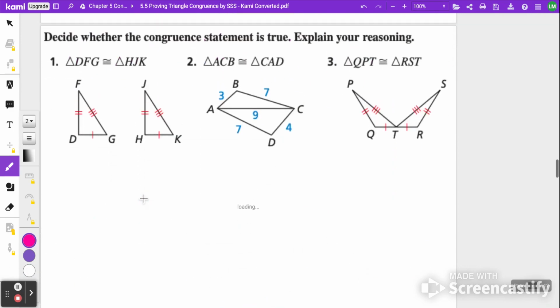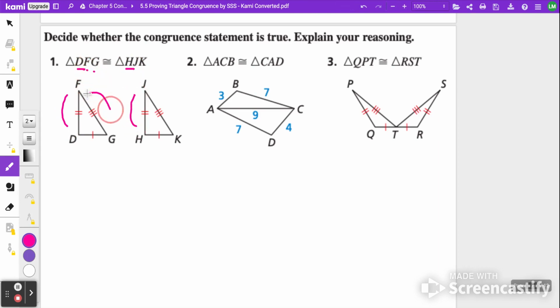The next ones involve deciding whether the congruence statement is true and then explaining your reasoning. All of these are marked, and we just want to make sure how the congruence statement is set up. It says DFG is congruent to HJK. Right now it looks like they are in the same order, but however the order is written, those are the sides that should be matching. So side DF, the first two letters in that congruence statement, must match HJ, and they do.